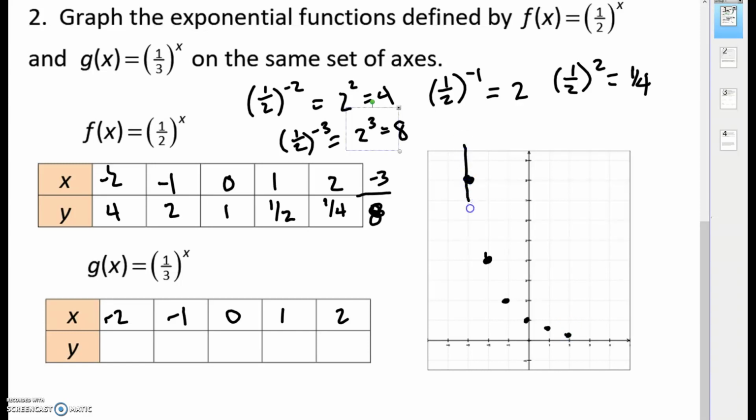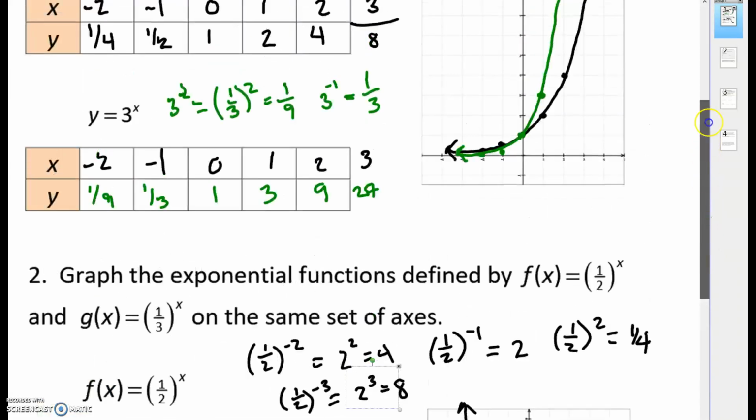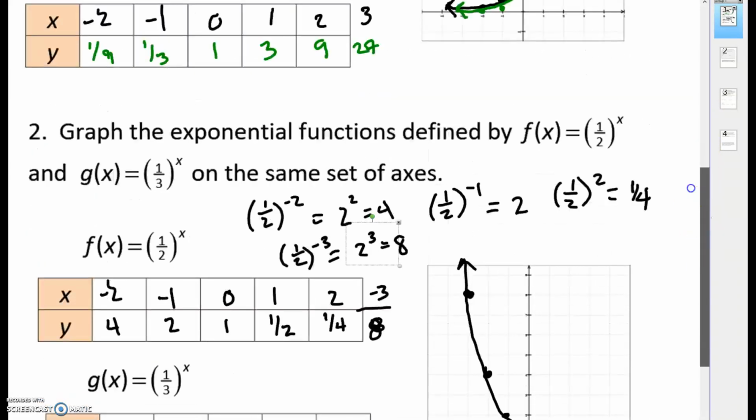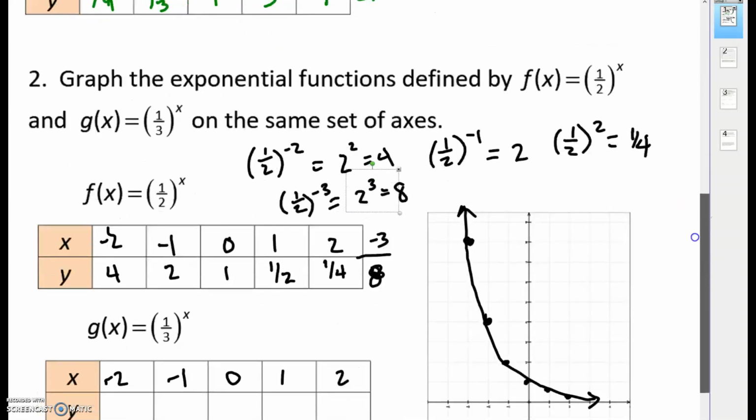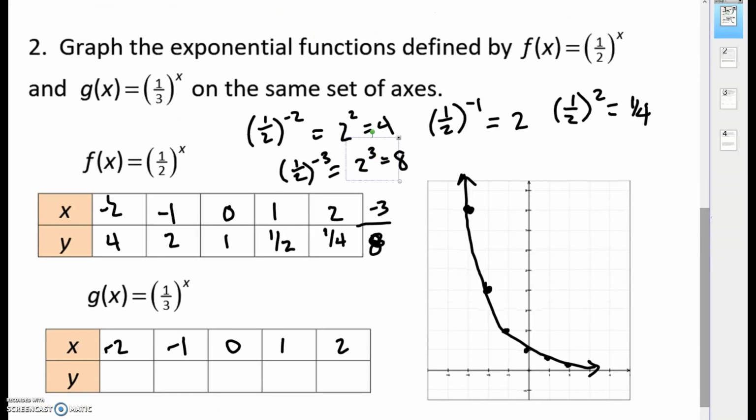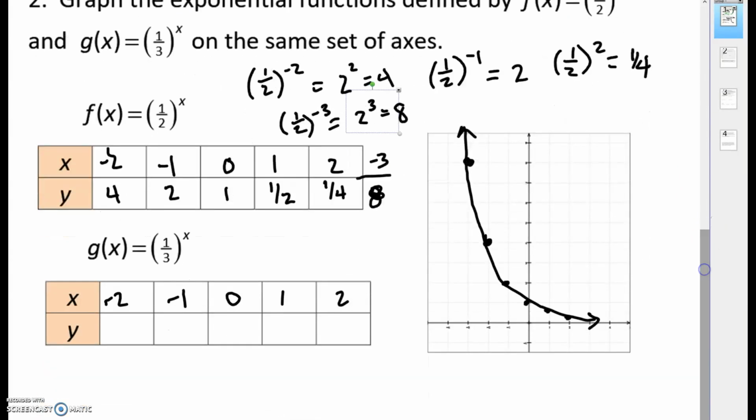And so on and so forth. So we get a really similar curve to the thing we got before, but we're noticing that it's just going the other direction.